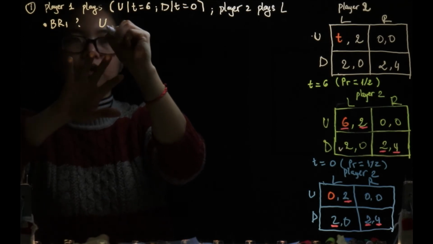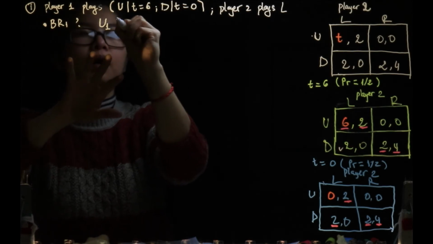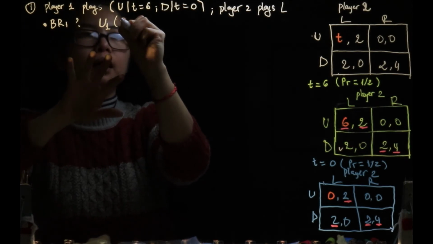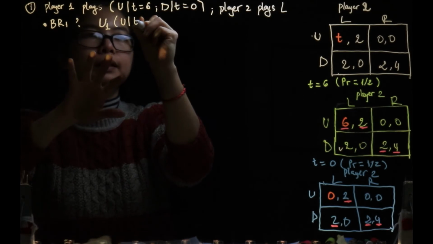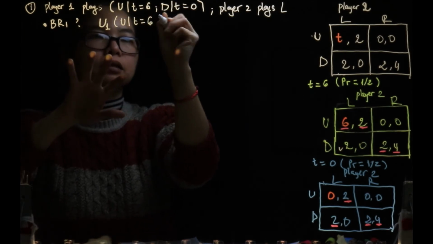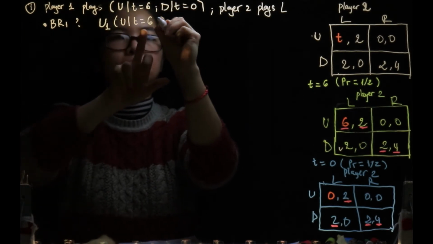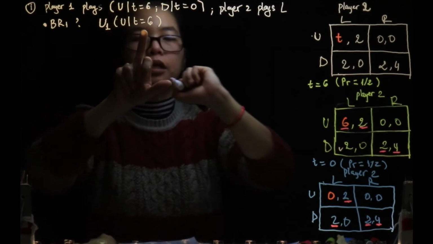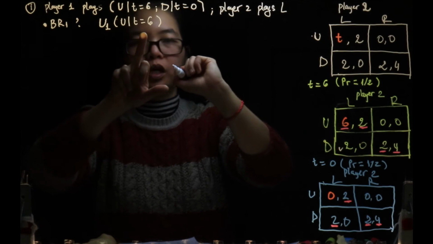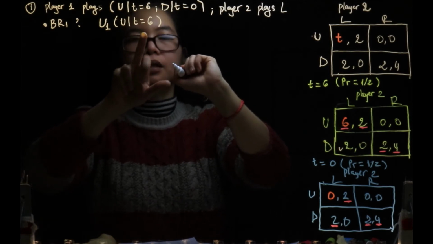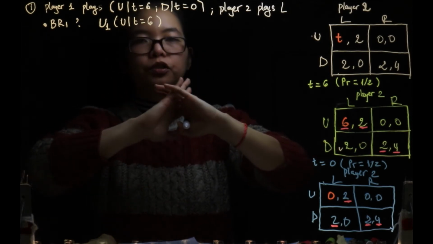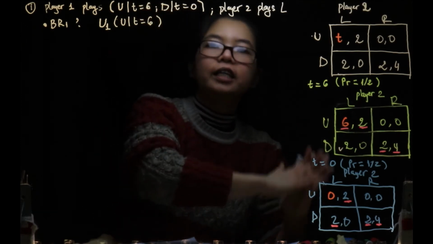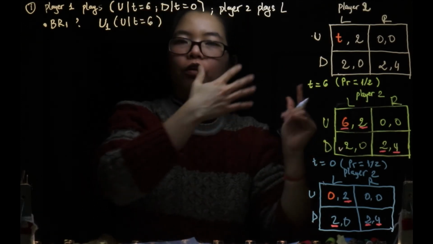So he doesn't have to calculate expected payoff, just simply the payoff from playing up when t is 6, the first case. The Bayesian-Nash equilibrium must be the joint best response for each and every type, so we have to check every type.